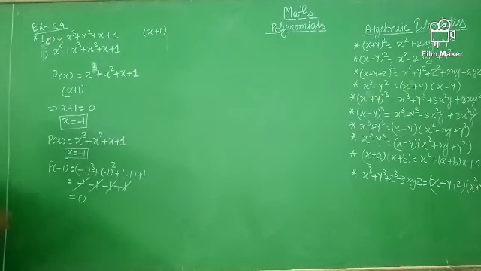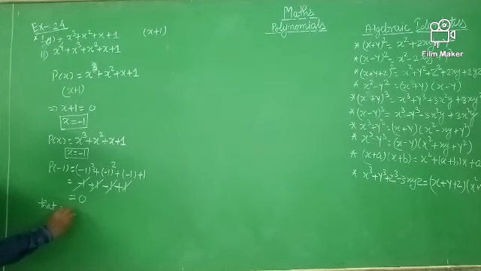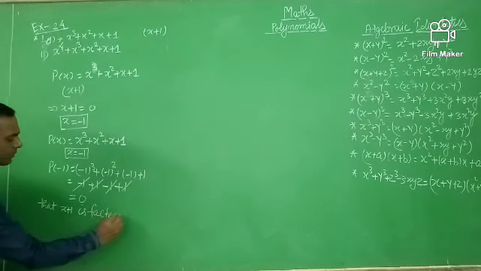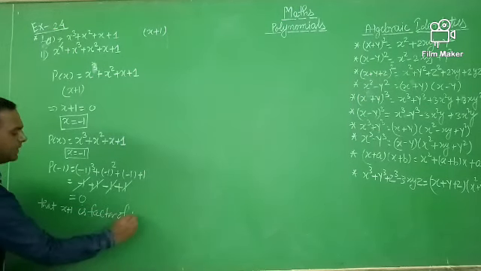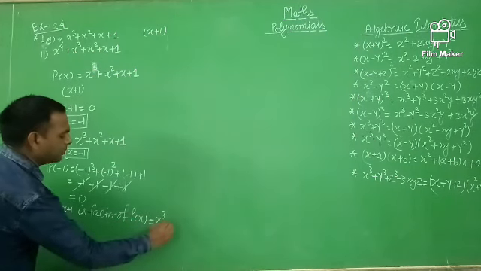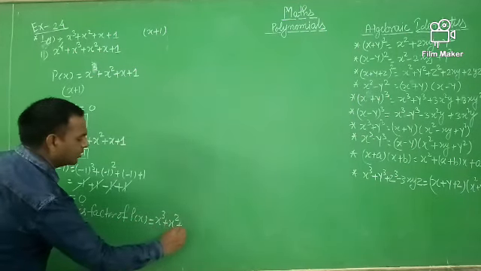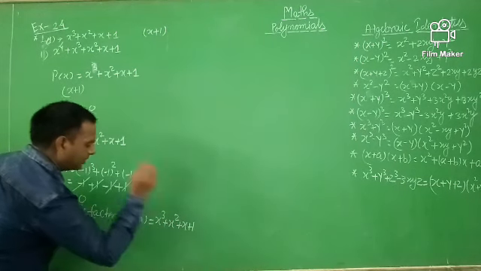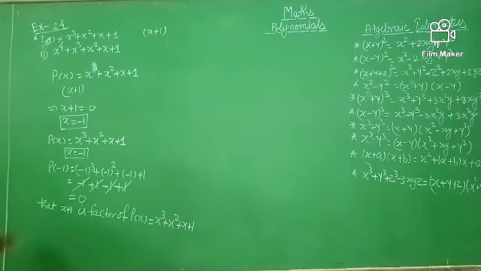So you can say that x plus 1 is a factor of p(x) is equal to x cube plus x square plus x plus 1, because here p(minus 1) is equal to 0.